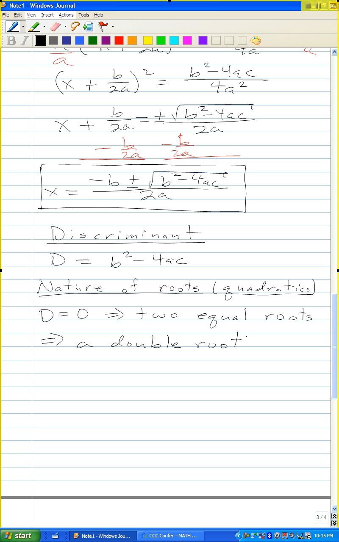And it turns out that in addition to the discriminant being 0, if b over a is a rational number, then you'll have a rational double root.